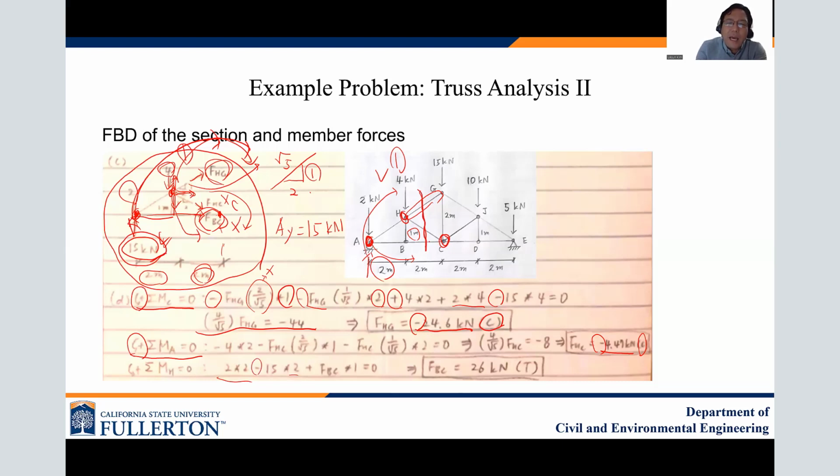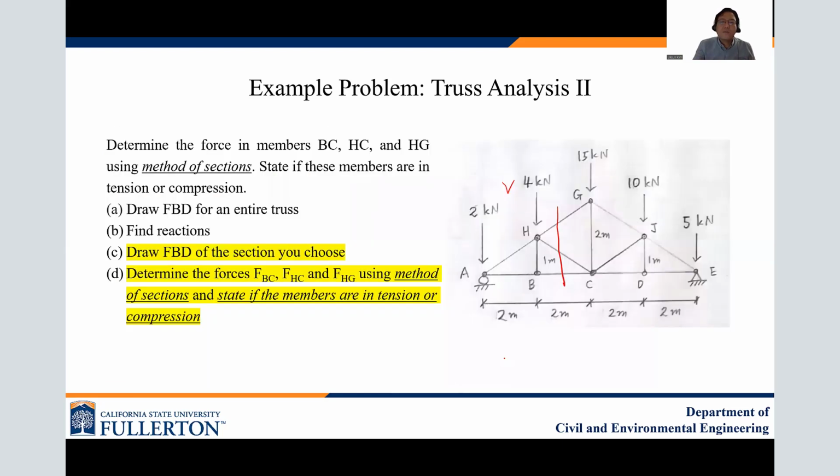And then for FBC, there's just an X component, and the moment arm is 1. So FBC times 1 equals 0, and FBC is 26 kilonewton. That is a positive number, so as we assumed, it is tension. So that is the entire solution for this problem.